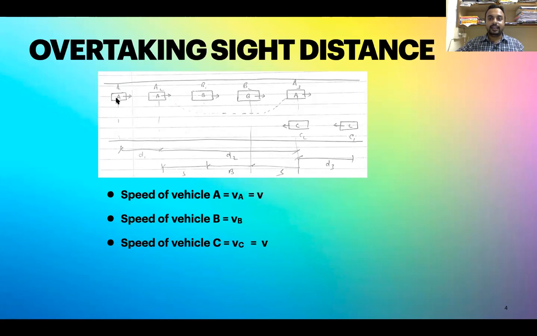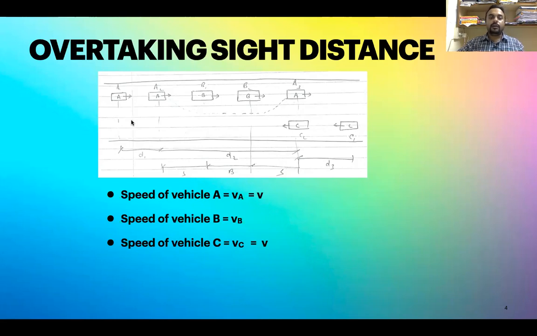Because the vehicle A applies brakes and decelerates and reaches the speed of the slow moving vehicle at this particular point. Okay, so that is the reason this speed of vehicle A is considered to be equal to VB and not VA. That is, the speed of vehicle A becomes equal to the speed of vehicle B.